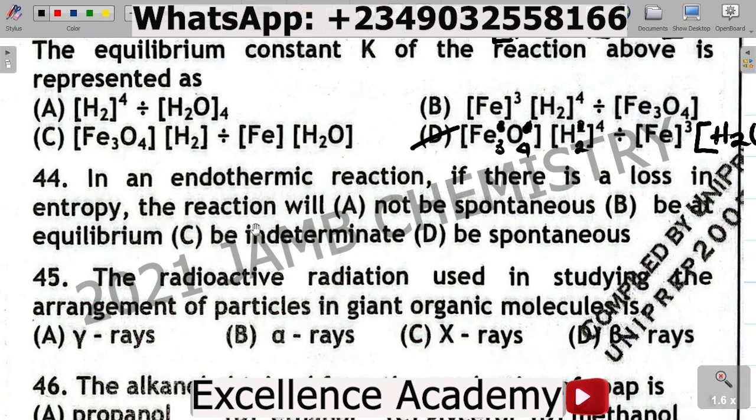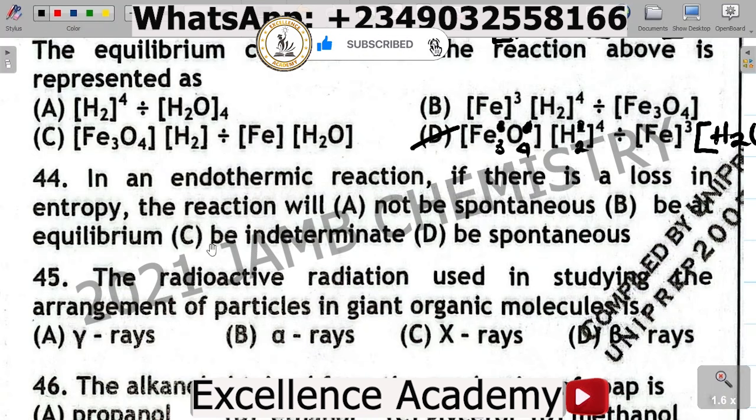Hence, the temperature decreases. Now, since the reaction is endothermic, as stated, it will only be spontaneous when there is an increase in temperature. But considering that we have a loss in entropy, there will be a reduction in temperature. So what will happen? You now observe that this particular reaction will not be spontaneous.